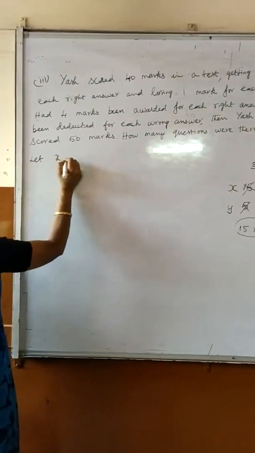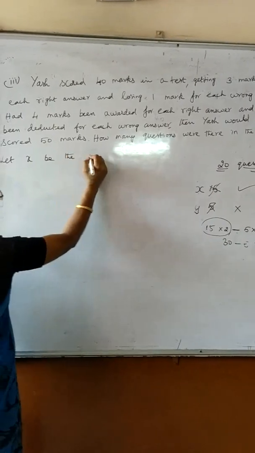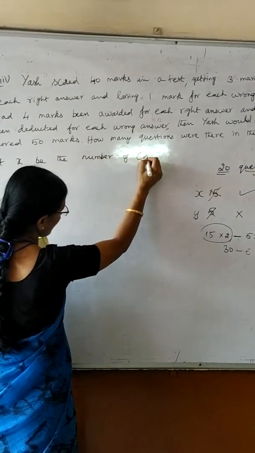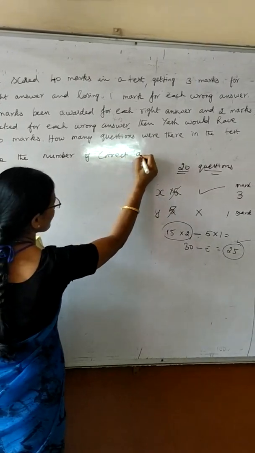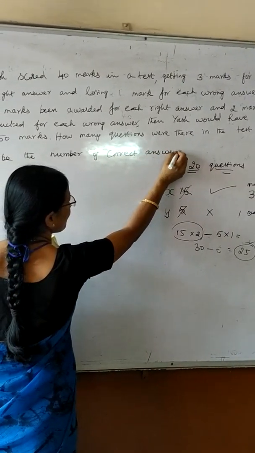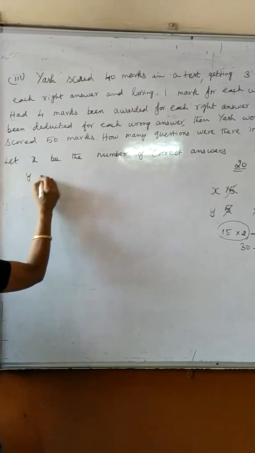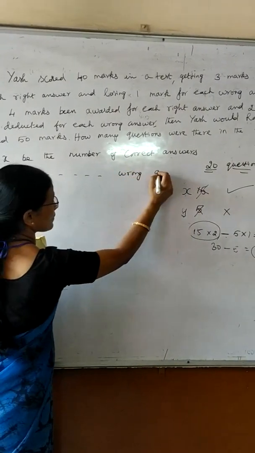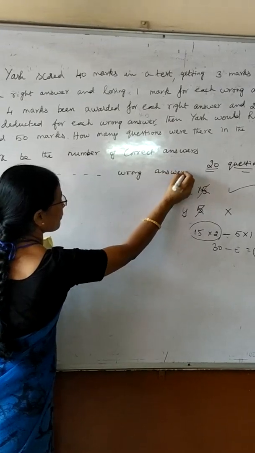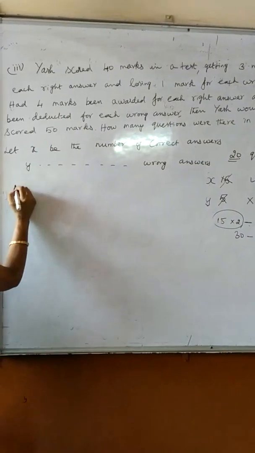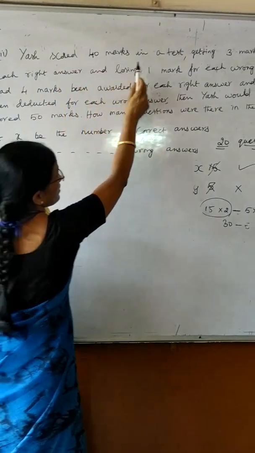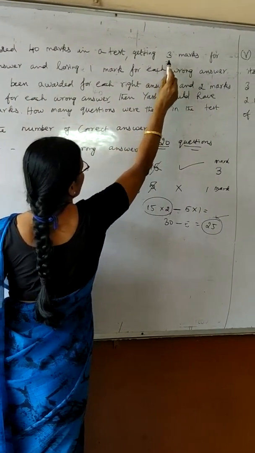Let x be the number of correct answers and y be the number of wrong answers. How many correct answers? x correct answers. Each correct answer carries how many marks? 3 marks.